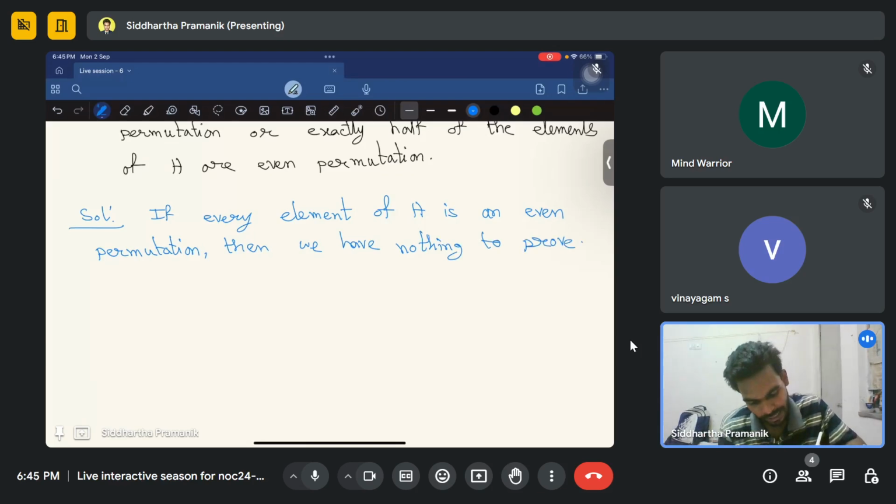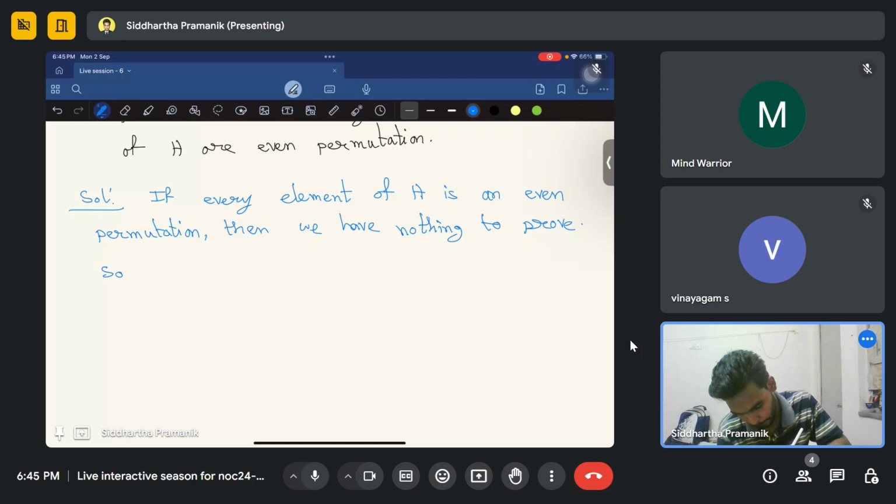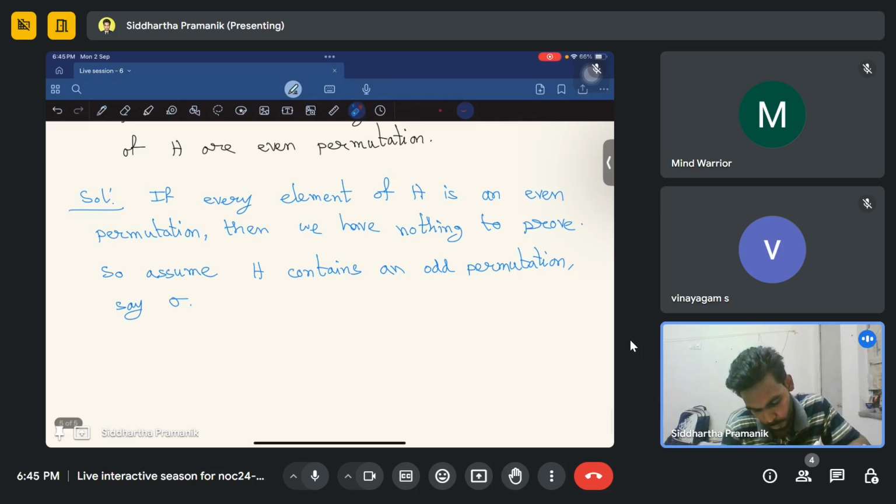Right? So assume H contains an odd permutation, let's say sigma. So now we have to prove that half of the elements of H are even and half of the elements of H are odd.